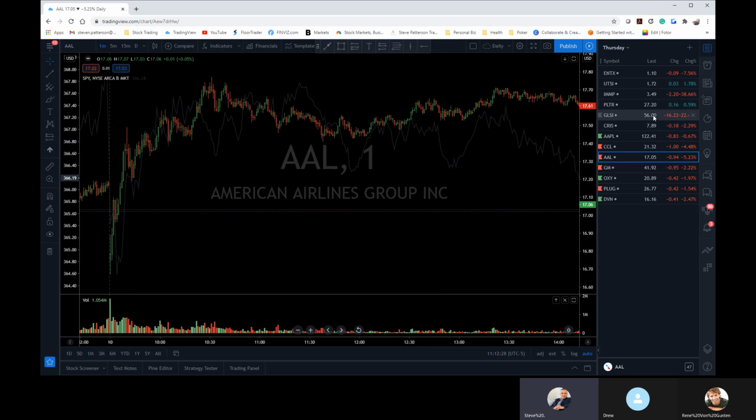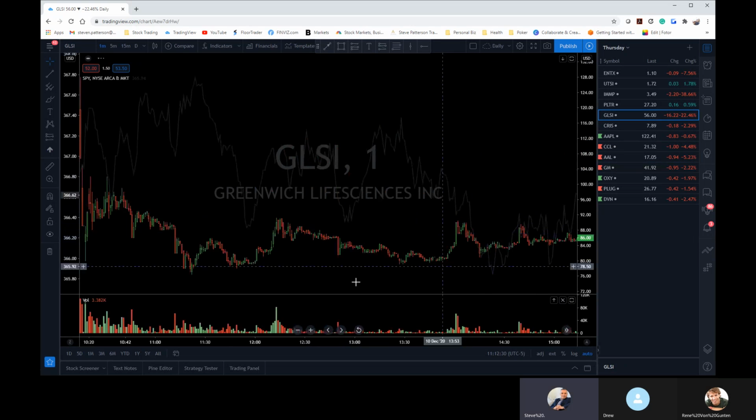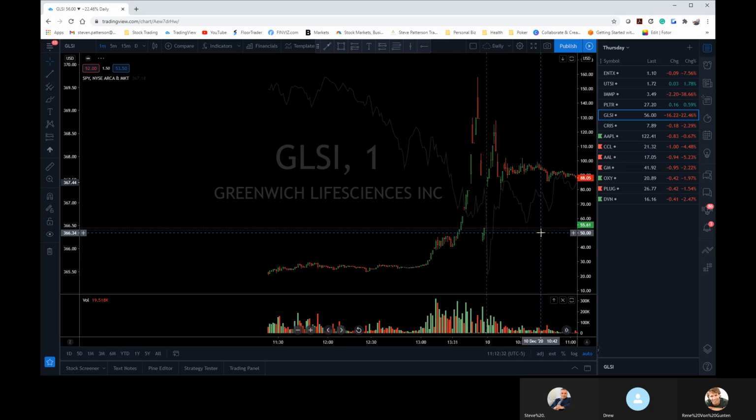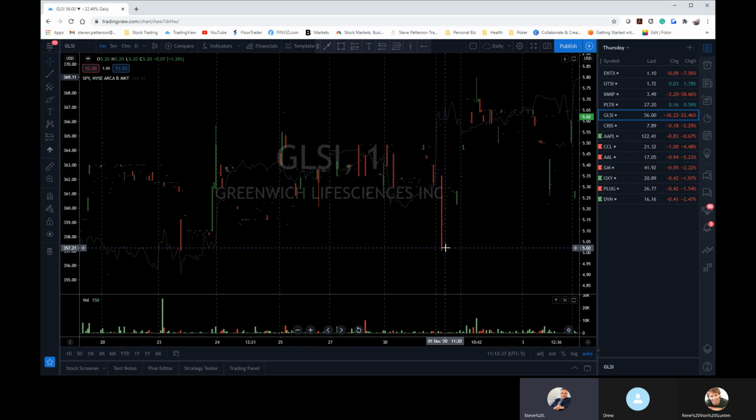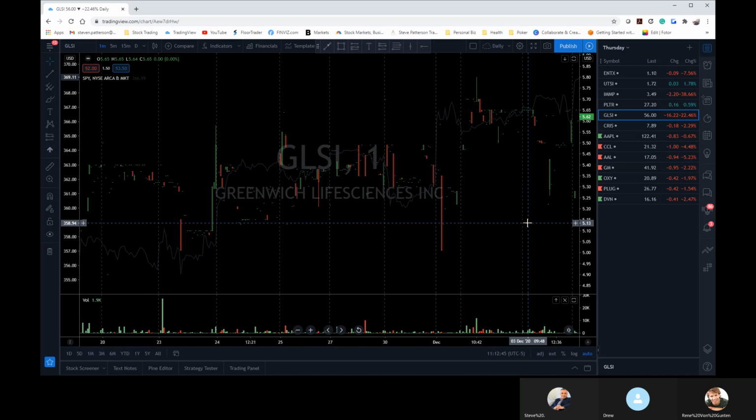Now, what happens when you have a stock that's very thin? It looks like that. That means the current liquidity is very low. In other words, there are no buyers or sellers that want to participate in this market.